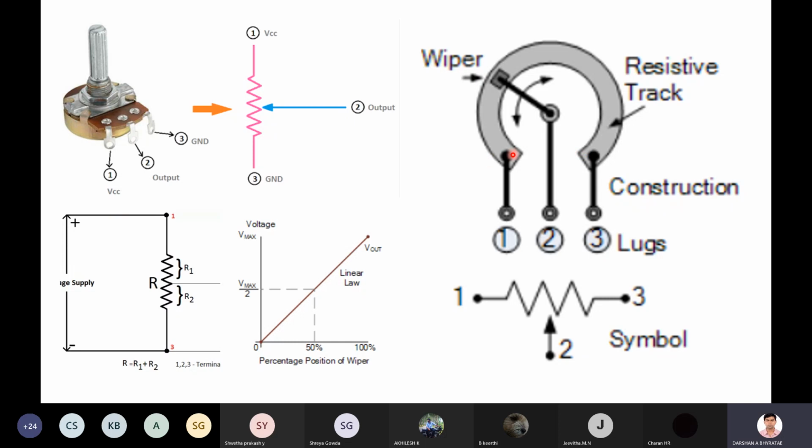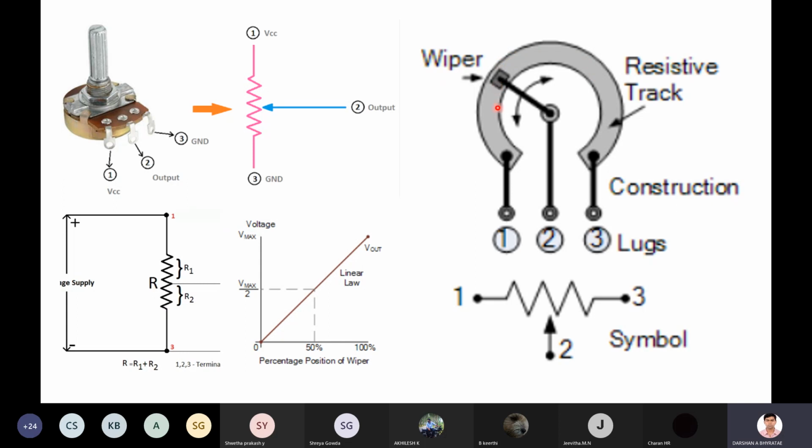So if I keep varying this wiper from 1 to 3 or 3 to 1, rotating it in the clockwise or anti-clockwise direction, it is going to generate the electrical signal. That is what we call a potentiometer or angular wiper.